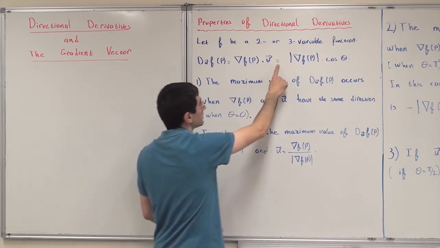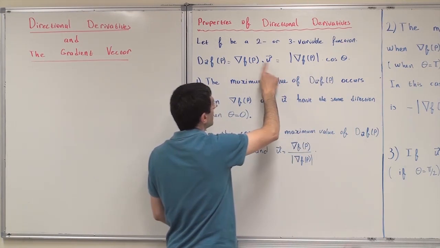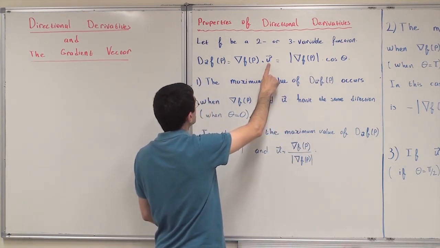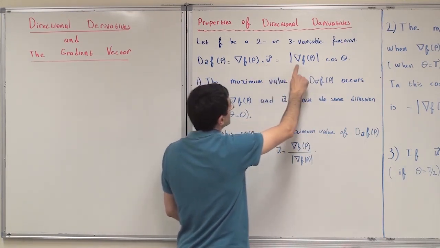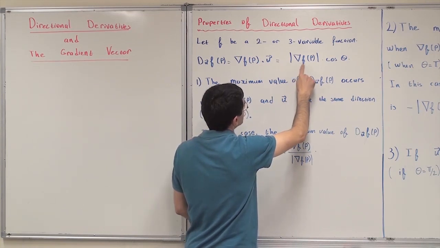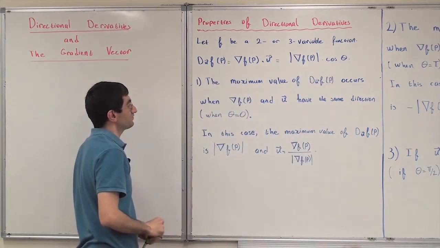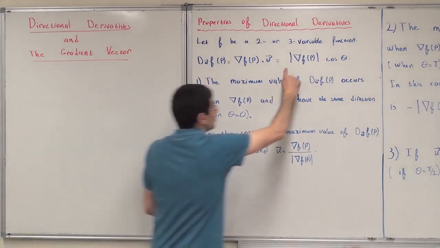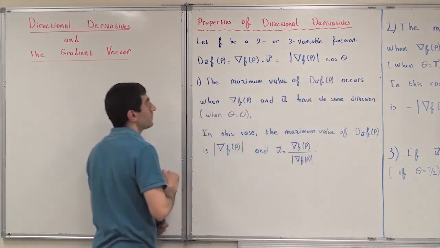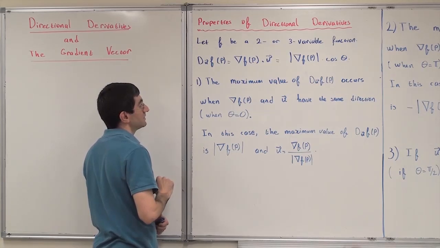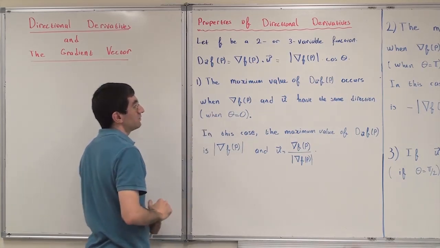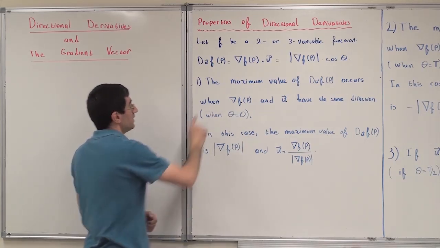And using the angle between these 2 vectors, I can express the directional derivative as the magnitude of the gradient vector times the cosine of the angle. Now, using this expression of the directional derivative, we can derive some conclusions.